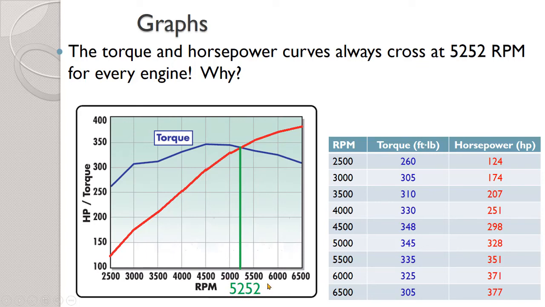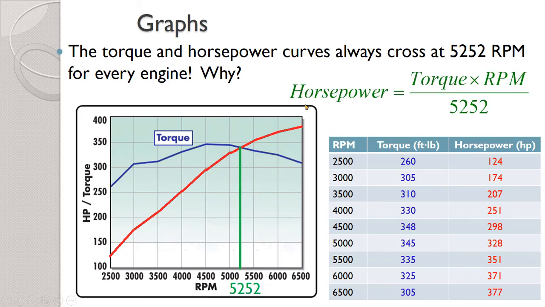Why is that? Well, you recognize the number 5252. It's directly from our horsepower formula. If you take the torque and multiply by the RPM and divide it by 5252, you get the horsepower. That means that when an engine is turning 5,252 RPMs, you plug that number in and it cancels top and bottom.